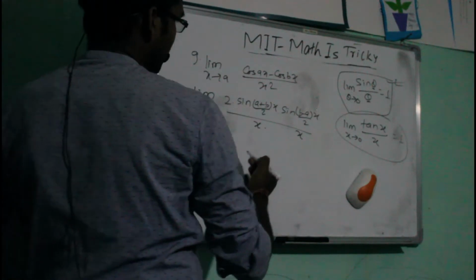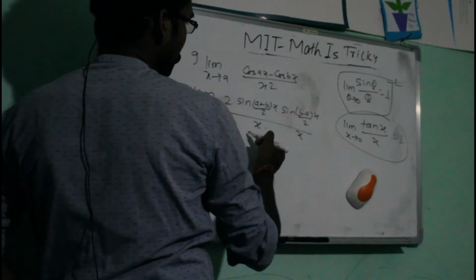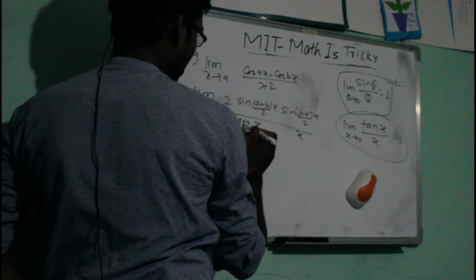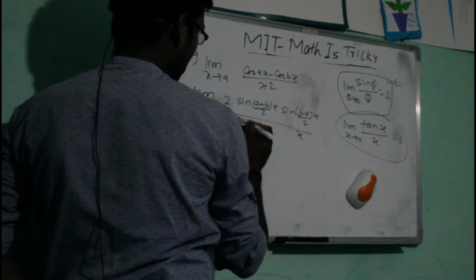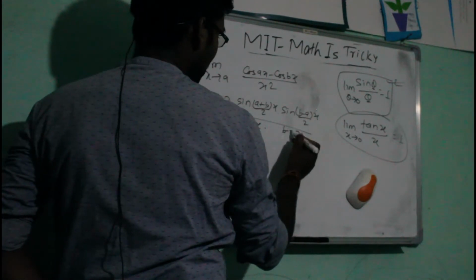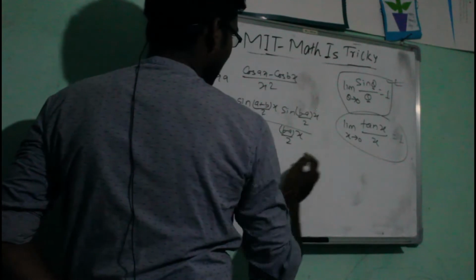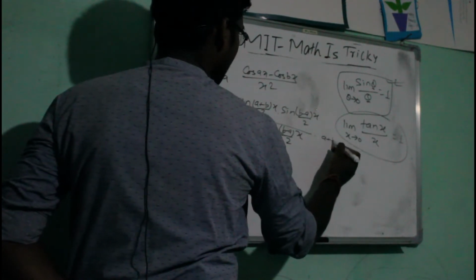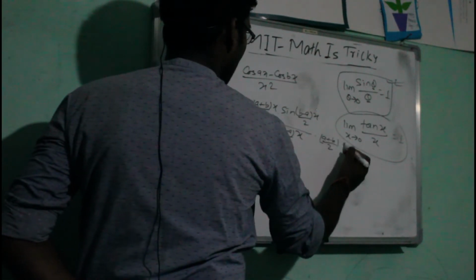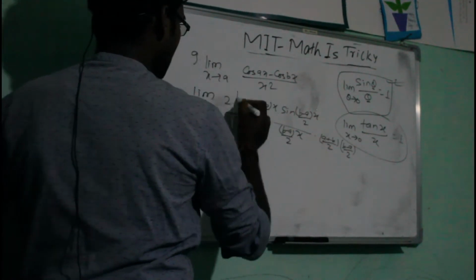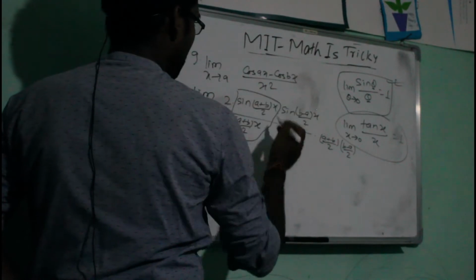Now to use the sin theta by theta formula, we have to balance this, so a plus b by 2 here, and b minus a by 2 here. To balance this we have to write a plus b by 2 and then b minus a by 2, so that the formula can be used.